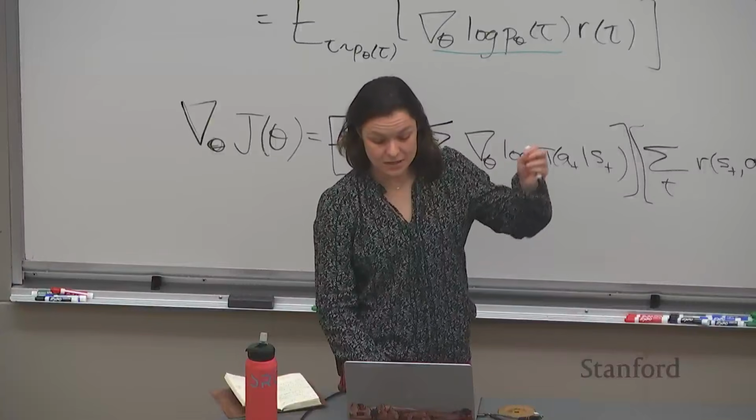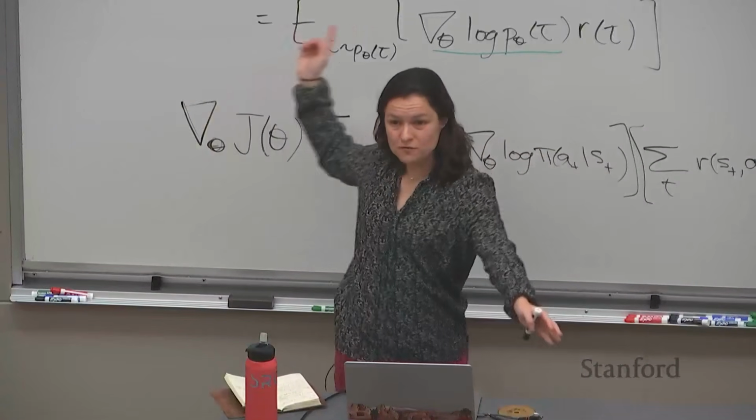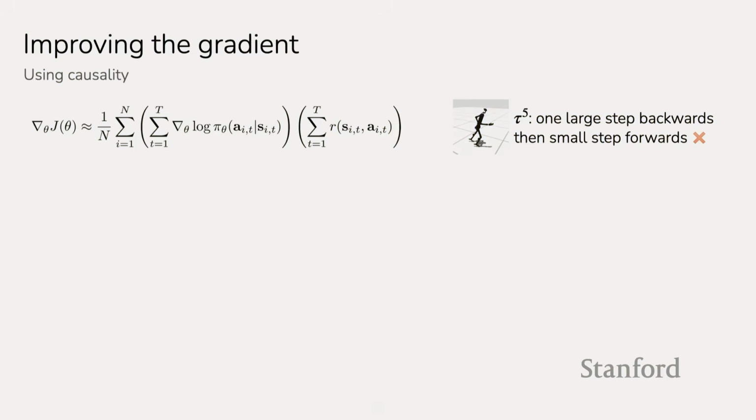And it's even telling us to take actions later in the trajectory if your reward earlier in the trajectory was good or bad. One of our trajectories was to take a large step backwards and then a small step forwards. And we should actually be able to learn from this trajectory that taking a small step forward is good.